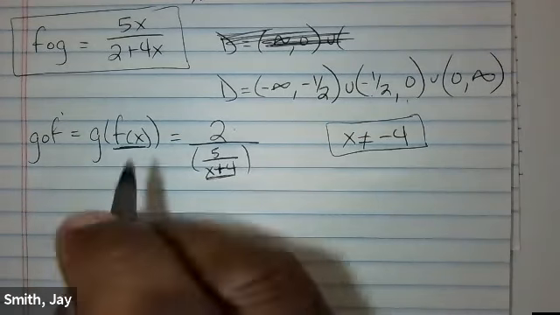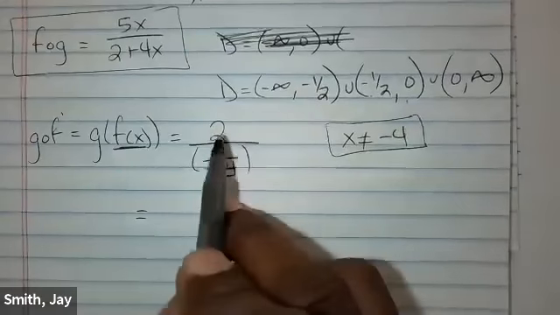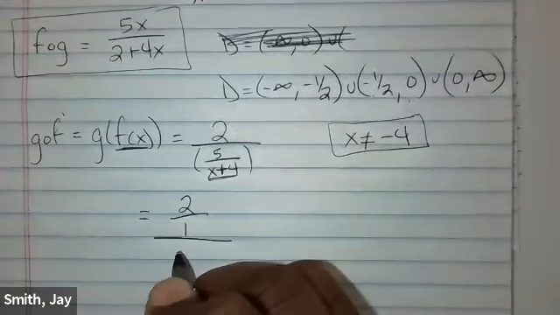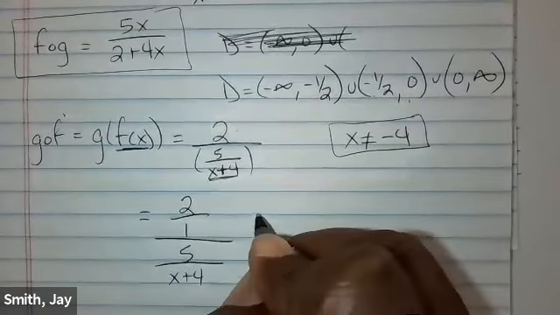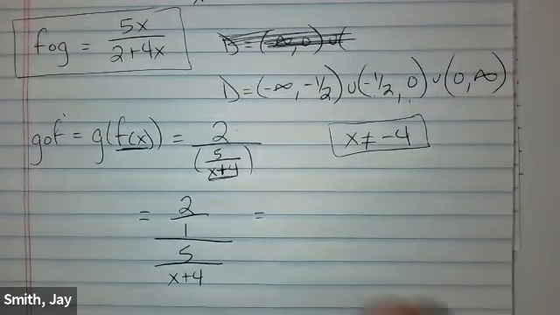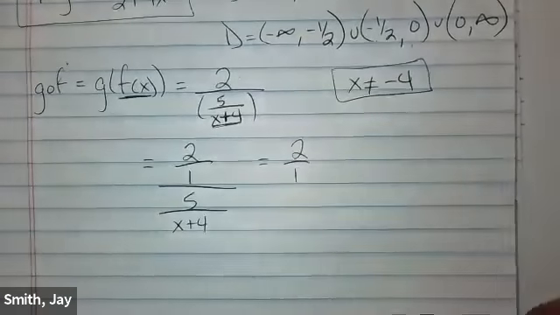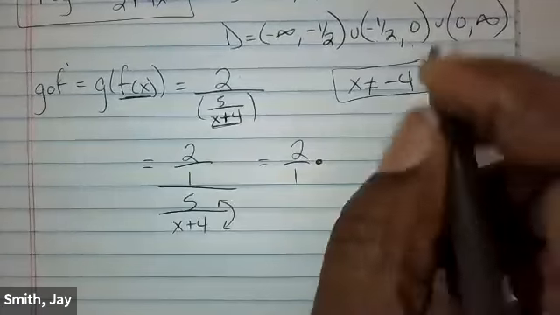All right, so outside of that -4, every other value of x will work. And now we can focus on simplifying it. And for me, I would do the keep change flip. First, change 2 into a fraction by putting it over 1, divided by 5 over x plus 4. Keep 2 over 1 the same. I'll keep the top fraction, change division to multiplication, and flip my bottom fraction.